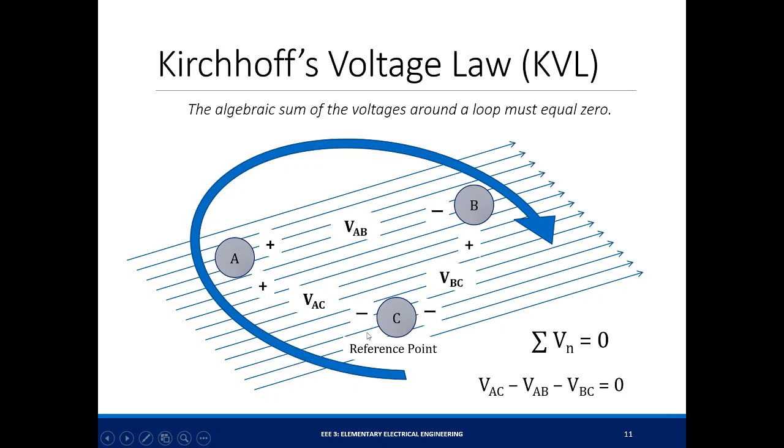So let's try to move around from C to A to B back to C. If you start from C, you start with the negative, going to the positive, so it's a positive voltage. Going from the positive to negative, negative voltage, positive to negative, negative voltage, equal to zero. So again, this sign is just a convention.